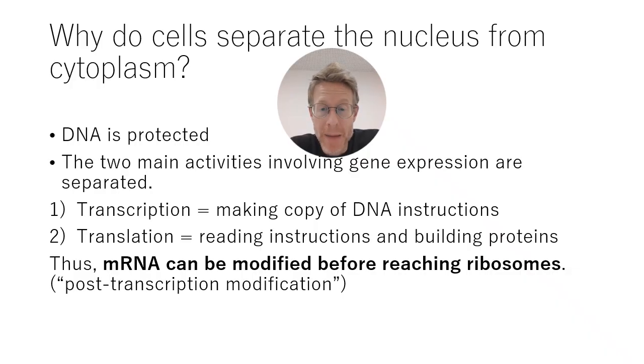So transcription happens in the nucleus, in eukaryotic cells which have a nucleus. And translation happens in the cytoplasm, specifically at the ribosomes. At the ribosomes, the mRNA attaches to them, and the mRNA is then read by those ribosomes, and amino acids are brought in the correct order to make polypeptides, which then form proteins.